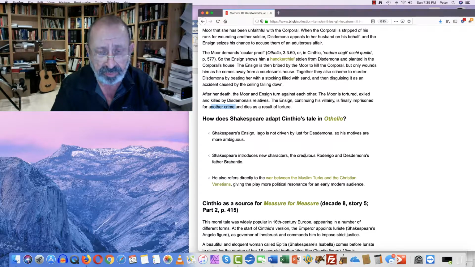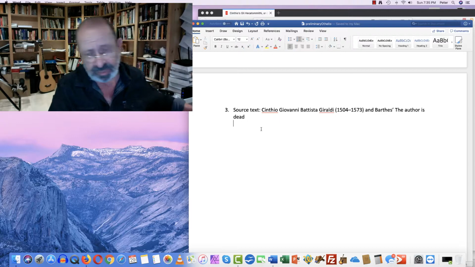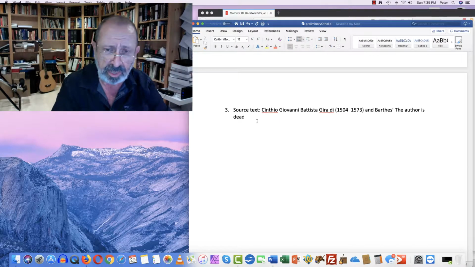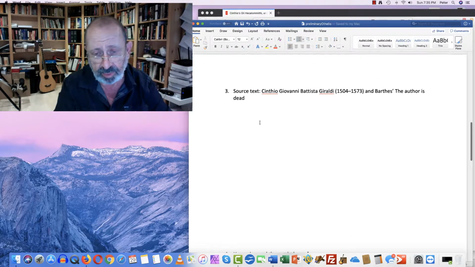And it's clear that Shakespeare seems to want to make Desdemona a more loyal and faithful wife, which makes the tragedy of this play a little more deep and painful. So the source text is helpful at giving us some clues about Shakespeare's intention, but without really knowing what Shakespeare wrote, we have to be very, very careful in how we use that.